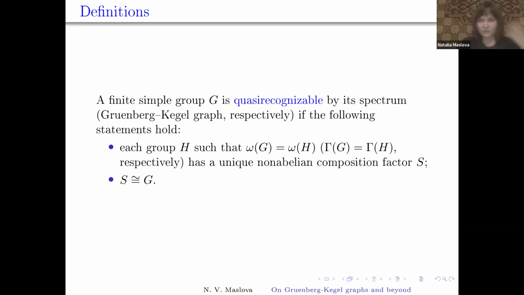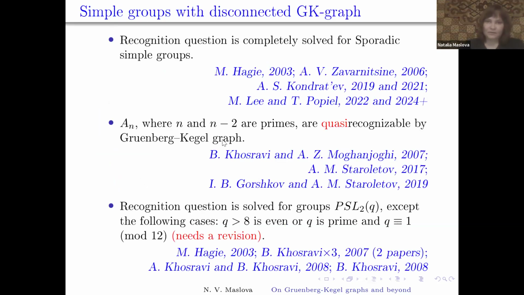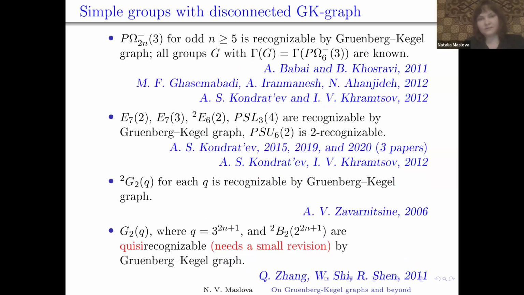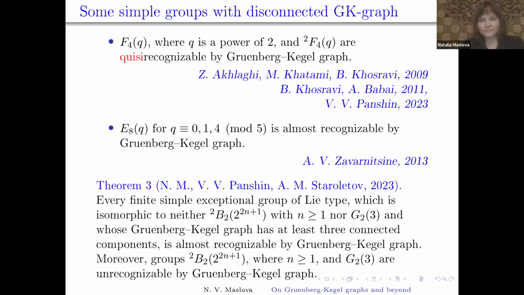You don't need to keep in mind this definition, just for general information. Here there are some results for groups with disconnected Gruenberg-Kegel graphs. I just rotate the slides. You can see that there are some partial results.